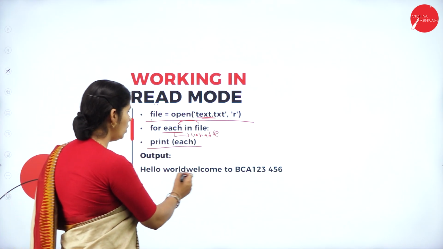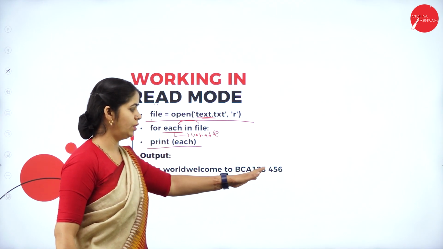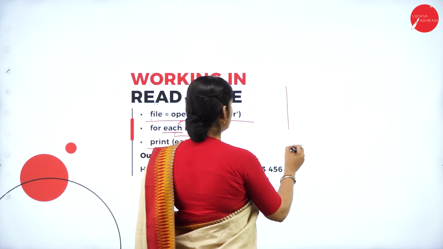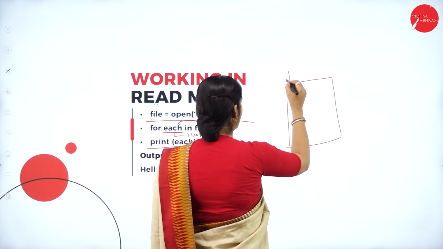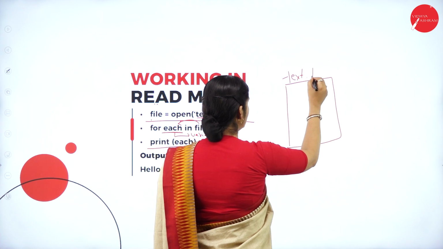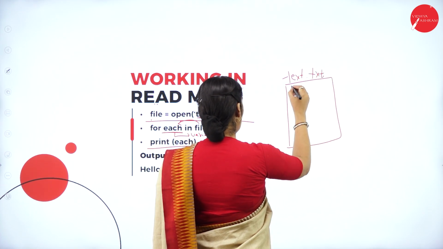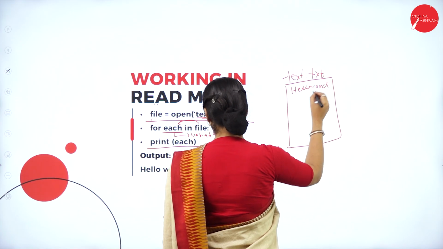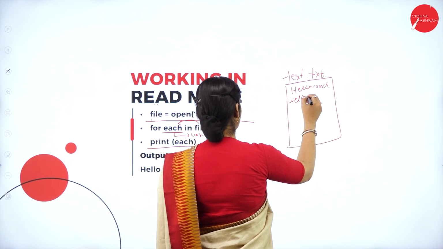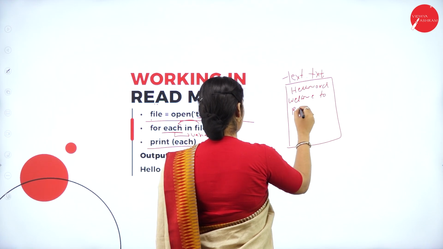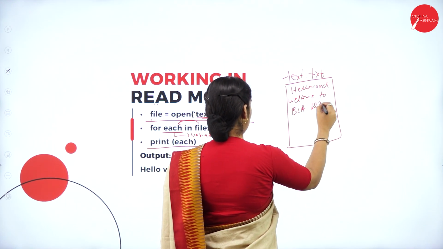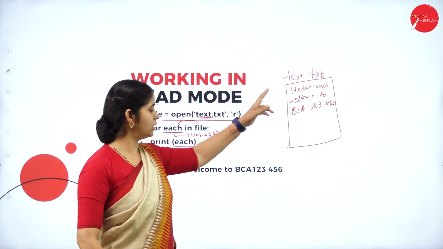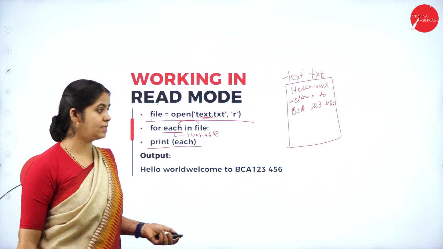That is: hello world, welcome to BCA 1, 2, 3, 4, 5, 6. So whatever content is there in text.txt will be displayed as it is.